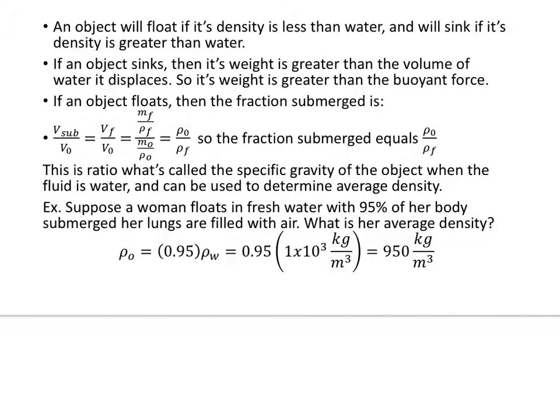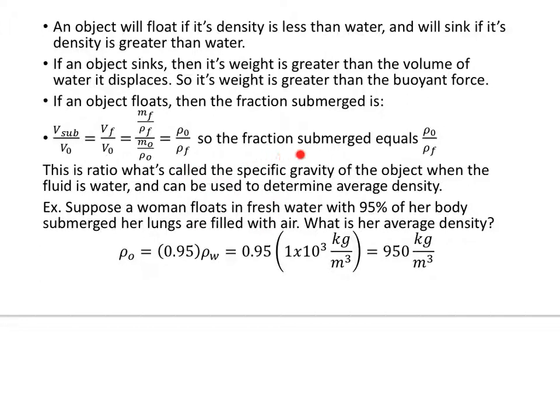Now, density is equal to mass over volume, so volume is equal to mass divided by density. So this is the mass of the fluid divided by the density of the fluid. This is the mass of the object divided by the density of the object. So we divide this by this, and the mass of the object and the mass of the fluid have to be the same. So they're going to cancel out, and so we're left with this ratio of the density of the object divided by the density of the fluid.